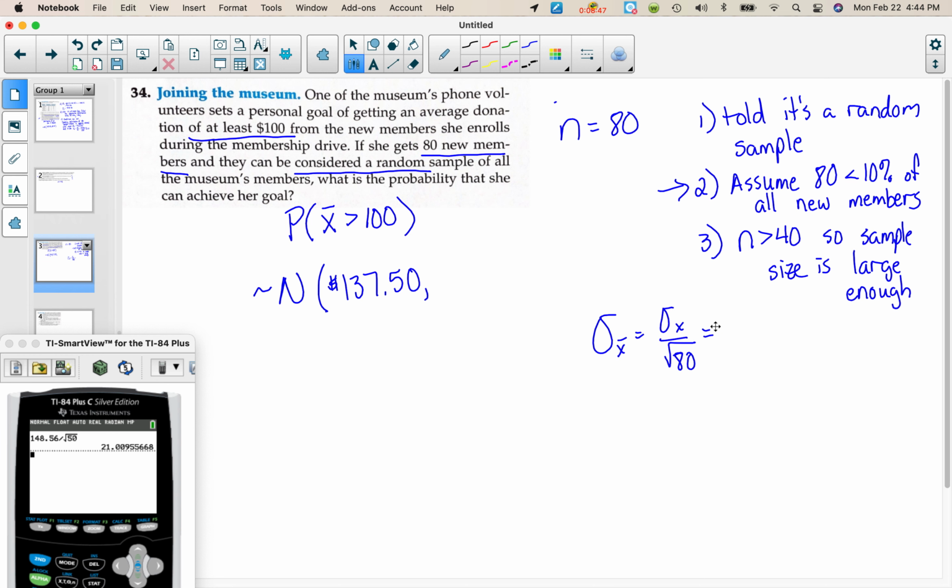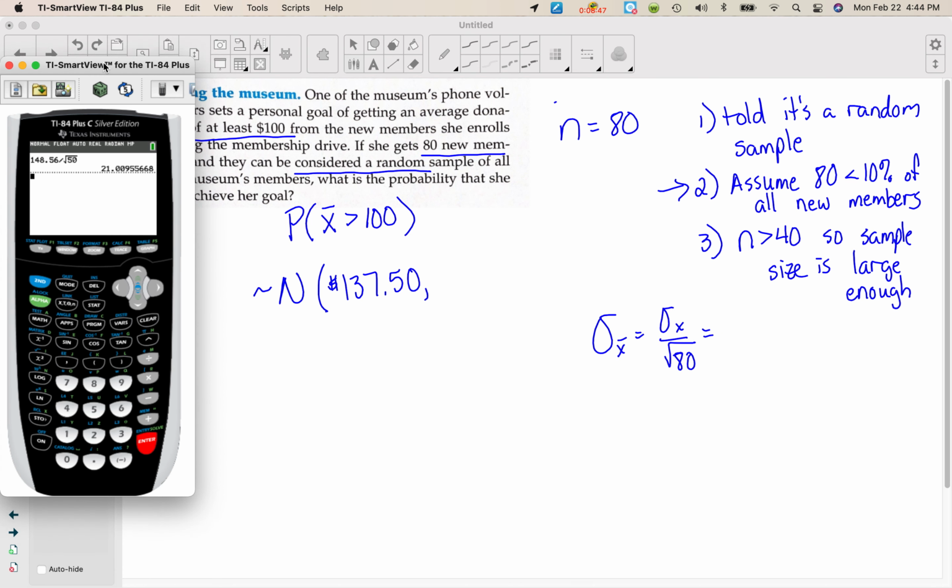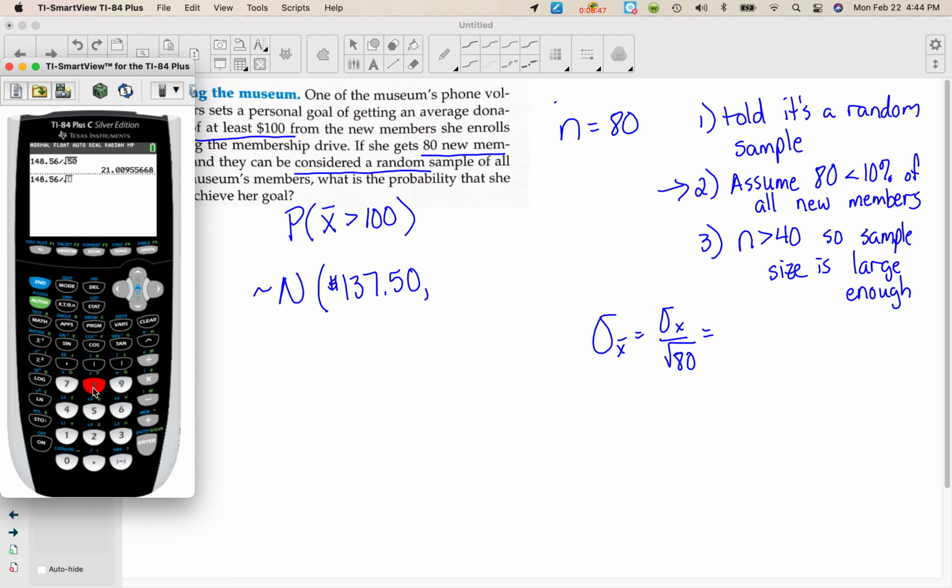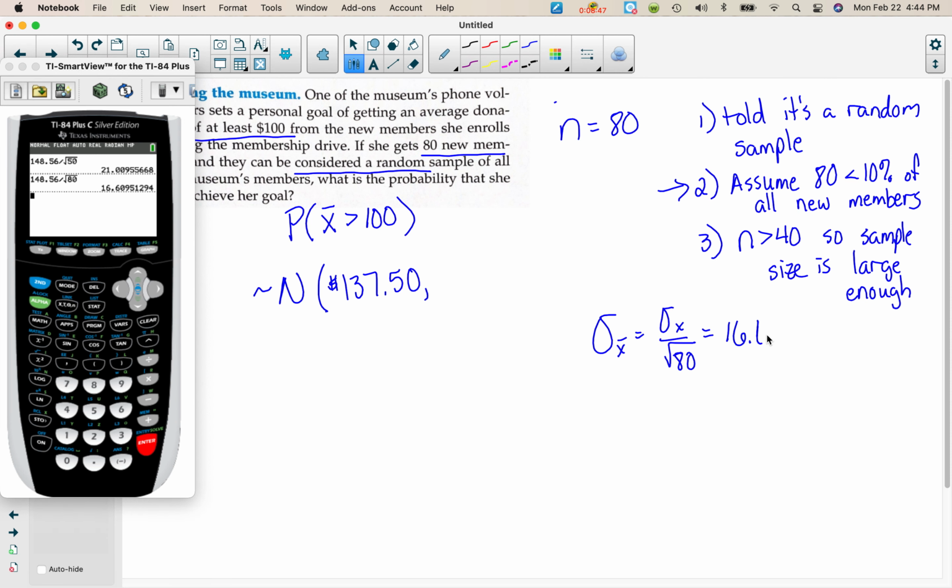So every time you change n, you change that standard deviation. So we're going to have 148.56 divided by the square root of 80. So I get about $16.61.